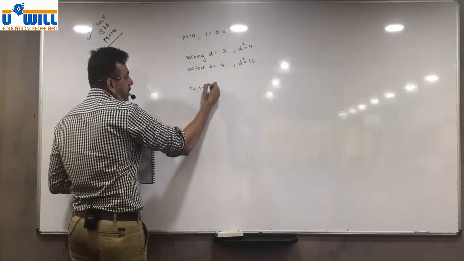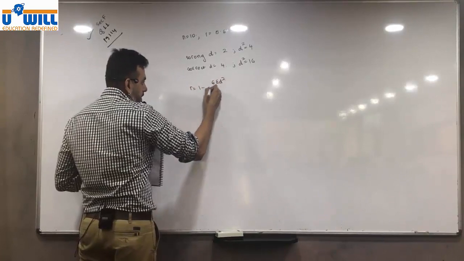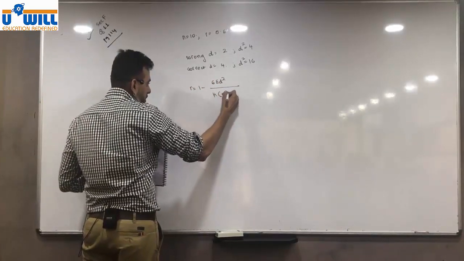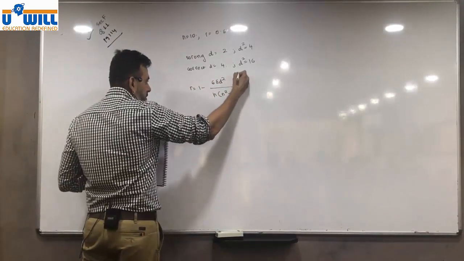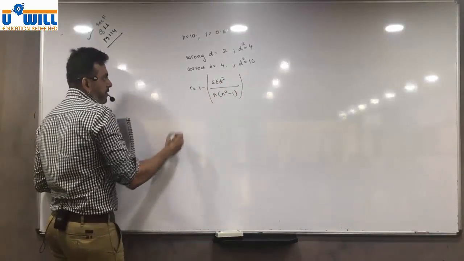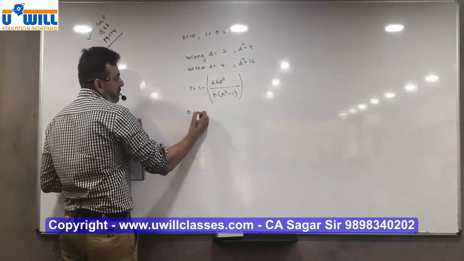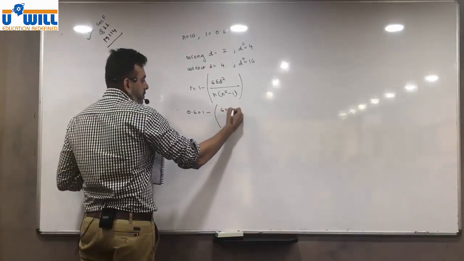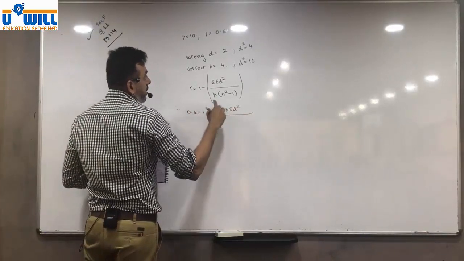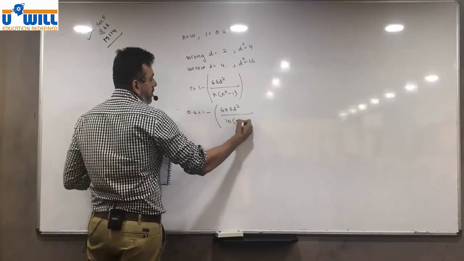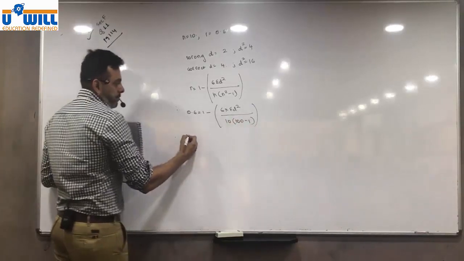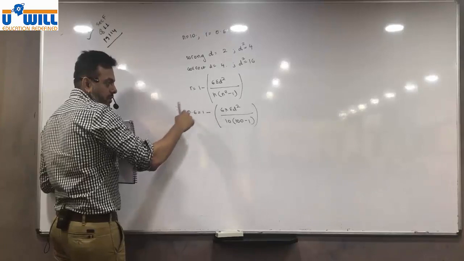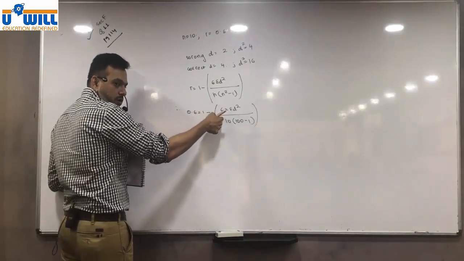So R is equal to 1 minus 6 sigma D square upon n into n square minus 1. Now better you put a bracket over here. So 0.6 is equal to 1 minus 6 into sigma D square, n is 10, 100 minus 1. Now this will come over here and this will come over here.